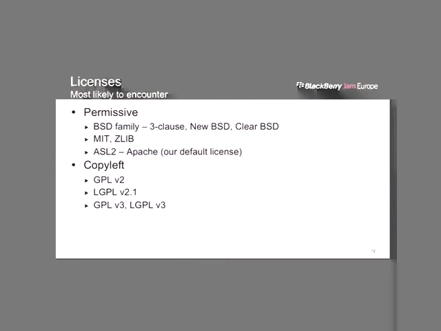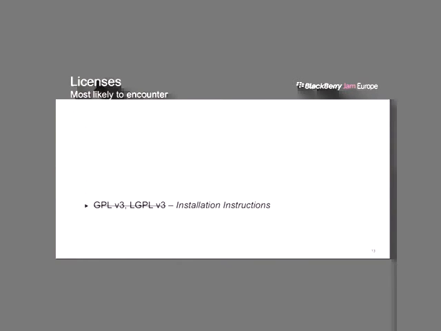The LGPL v3 is the new version of GPL, and it has been around for a while. The problem from our perspective with GPL v3 is that it has a clause about installation instructions. So in addition to the vendor that's giving you the application being required to give you the code, this is a requirement on, or a right of, the end user, right?